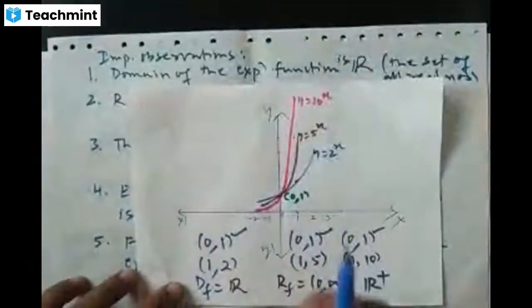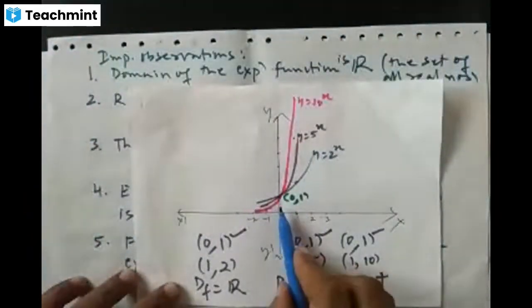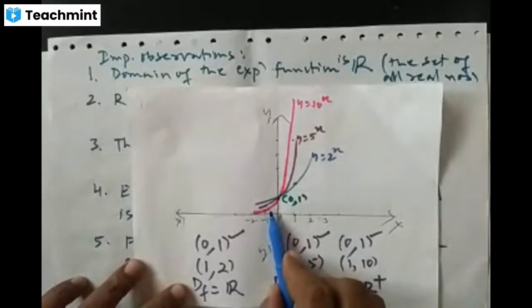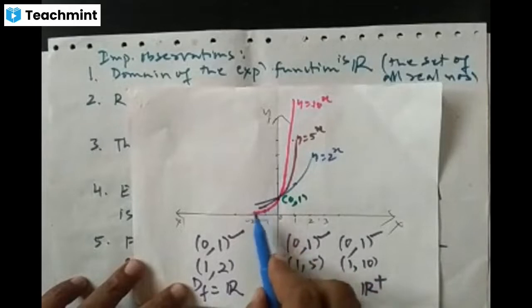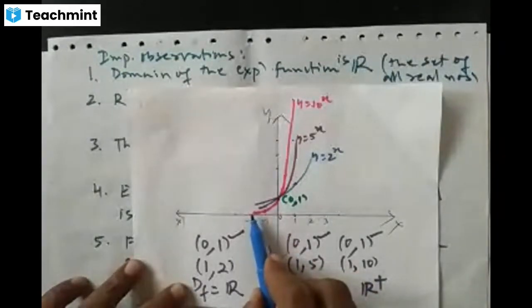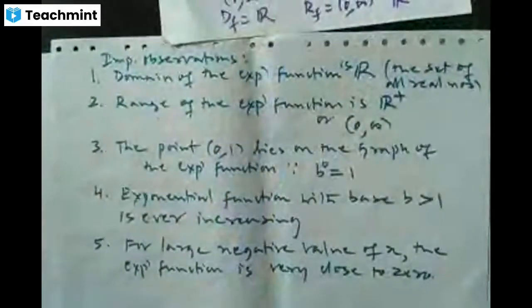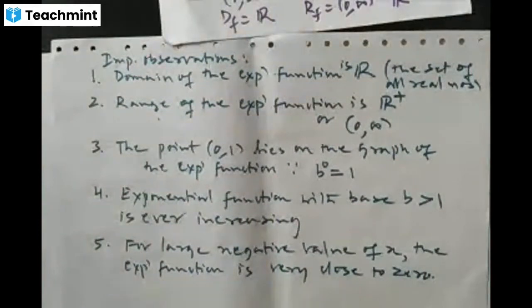You just observe the graph. As you give more and more negative values for x, the graph comes closer and closer to the x-axis. Okay. So these are the 5 observations we can make from the graphs of exponential functions.